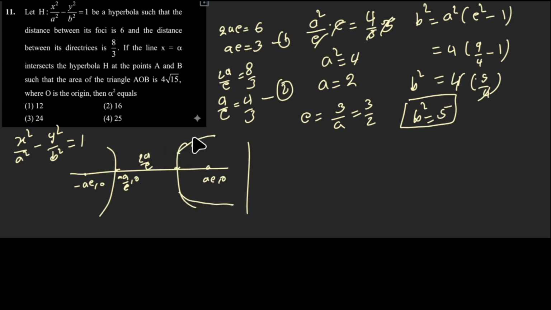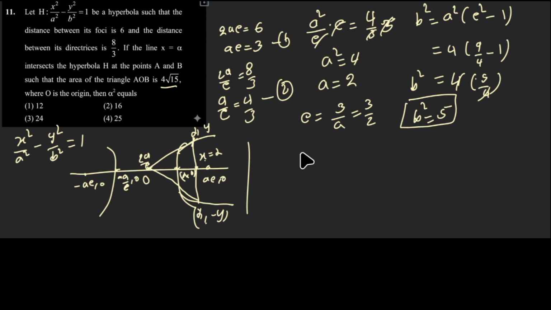Now, here is a line x is equal to alpha. So it is the point alpha comma 0. The area of the triangle is 4 root 15. So x is equal to alpha means the points are alpha comma y and alpha comma minus y.